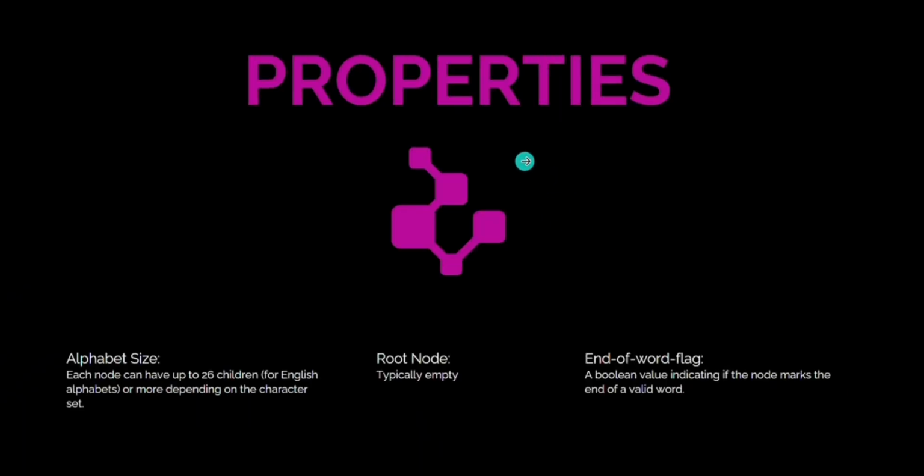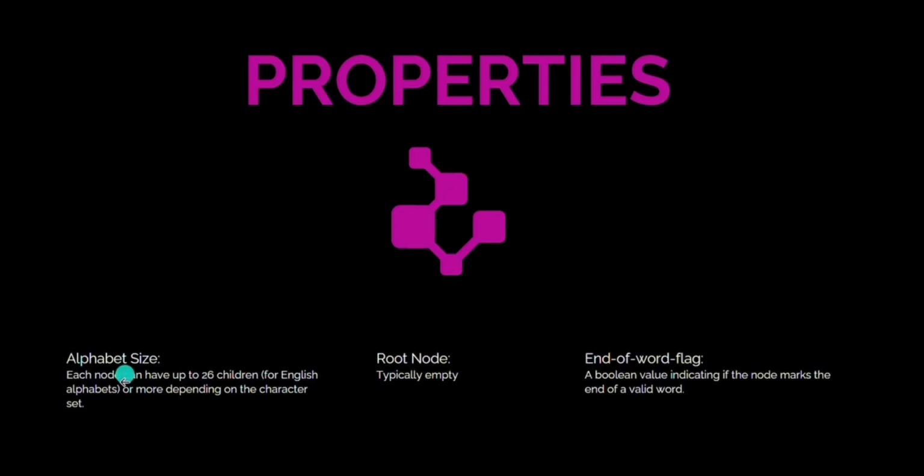Properties of a trie. Alphabet size. Each node can have up to 26 children for English alphabets or more depending on the character set. So for each node, there's a parent node and then children.